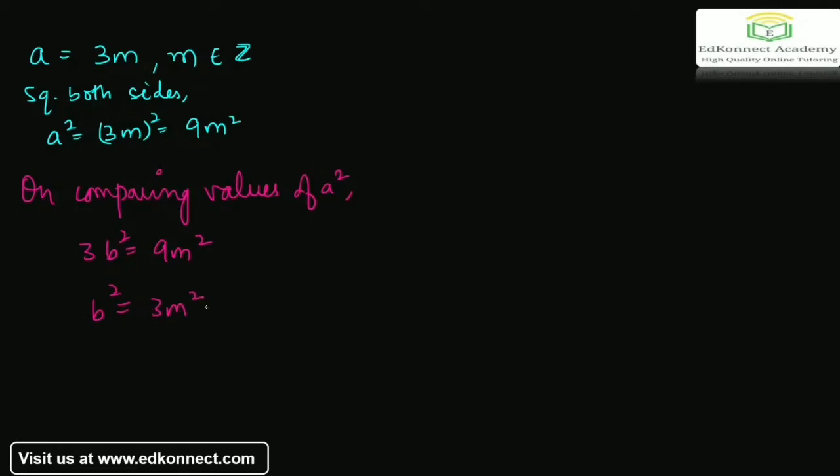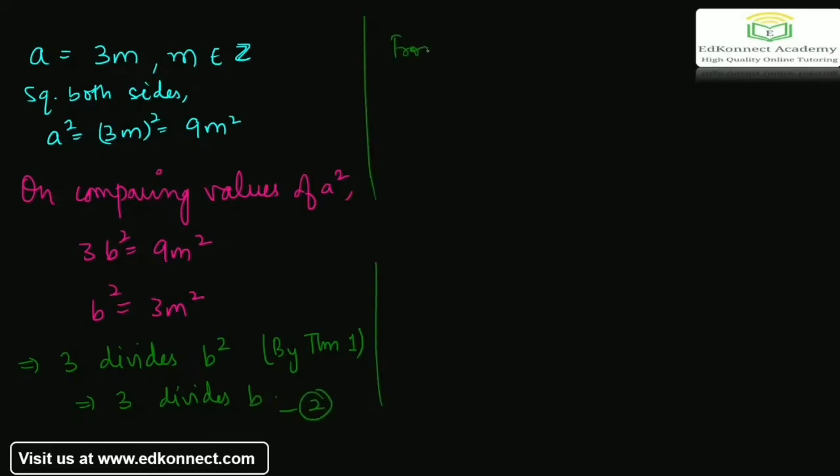Now b square is written as a product of 3 and m square. So we can say that 3 divides b square. Now by theorem 1 that we have already stated, we can write that 3 divides b. So this is our second equation.